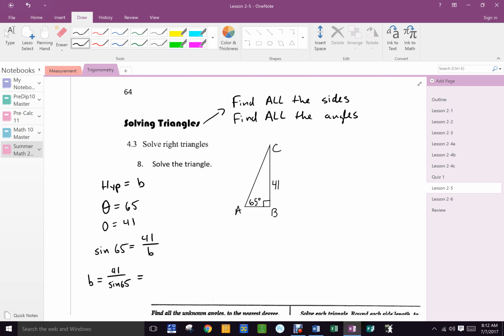I get 45. Now, Sydney, I'm glad this happened to you. How do you know you did it wrong? Not because David and I got 45. But even if you didn't forget the brackets, if you were going to tell me that the hypotenuse was 37, look at the... why can it not be 37?